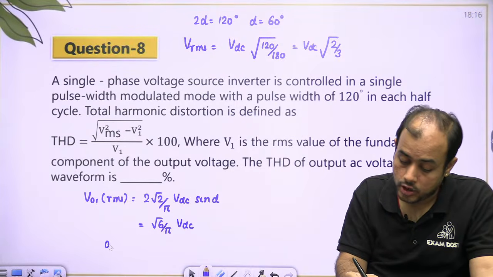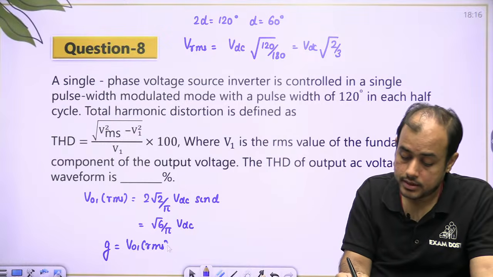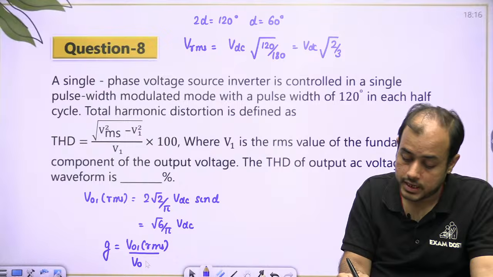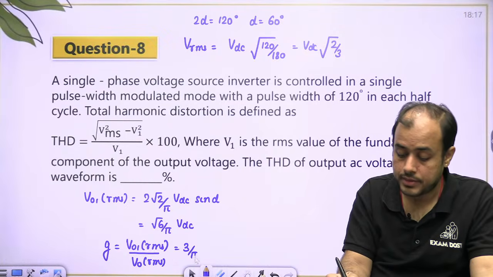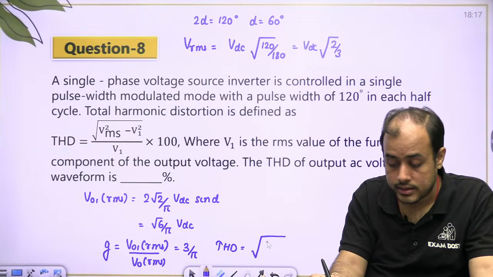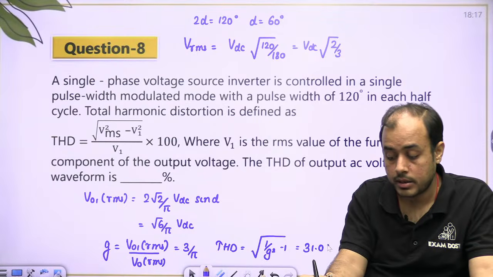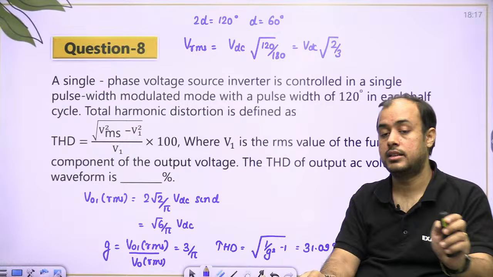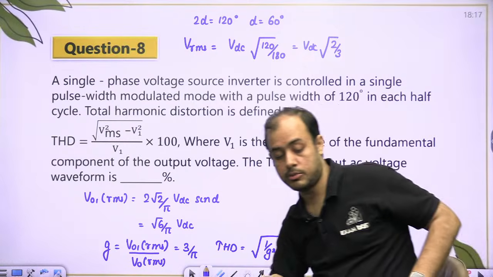So now beta for THD, I will calculate G. V01 RMS by V0 RMS, that is 3 by pi. Then I already know THD because this is same as three phase. 31.09%. Okay. 31.09%. Just a moment, बच्चों.